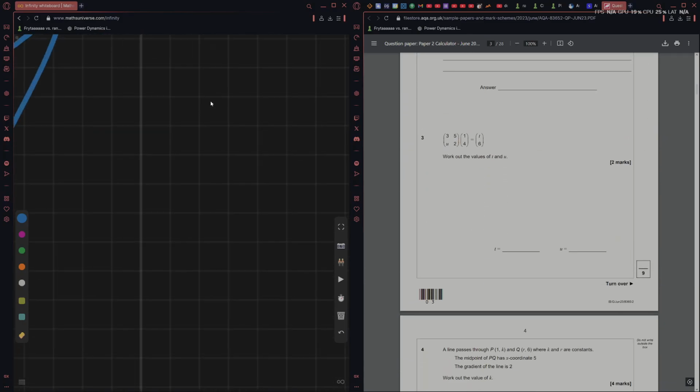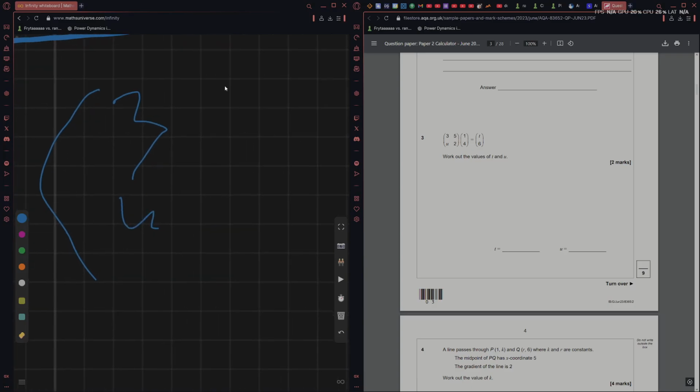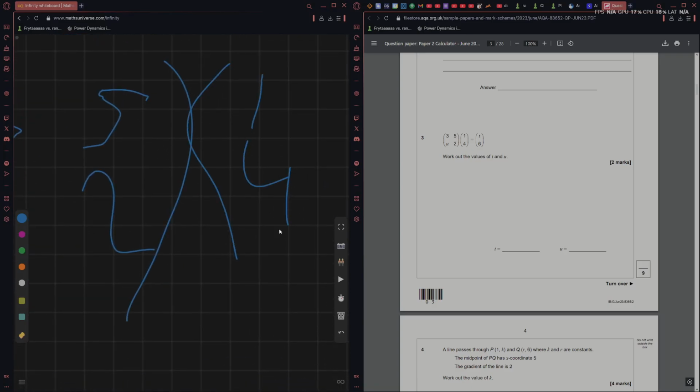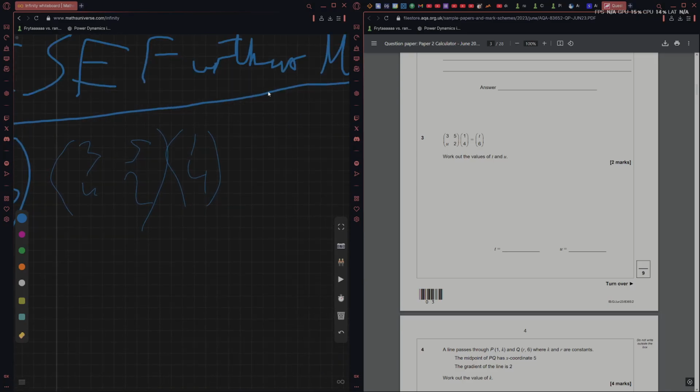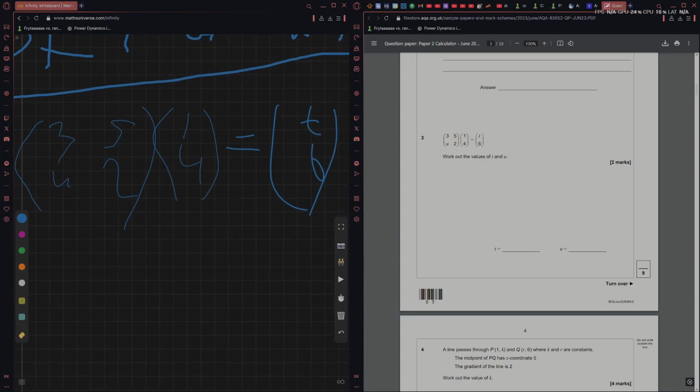Right, so let's start. We've got some matrices here, so let's rewrite them down here: 3, u, 5, 2 times 1, 4 equals t, 6. With these matrices, you just need to form a simultaneous equation, or not even do that, we can just do it normally.